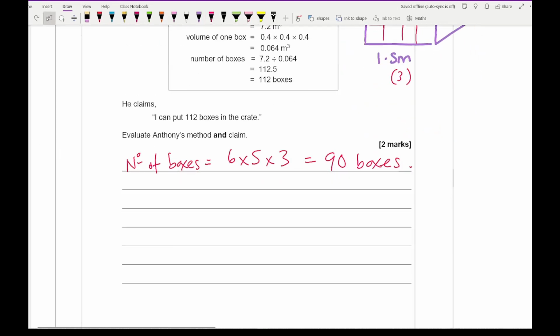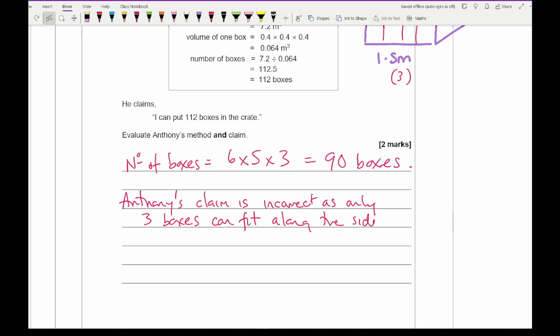No. His claim is incorrect, as only 3 boxes can fit along the side, which is 1.5 meters. And again, the total number of boxes you can fit in that crate is going to be 90 boxes.